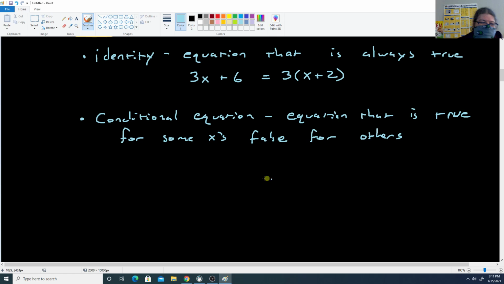So this is an equation that's sometimes true. An example would be 2x equals 8. If x is 4, the equation's true. If x is another number like 5, 2 times 5 is 10, 10 is not equal to 8, the equation's false. So a conditional equation is an equation that's sometimes true.